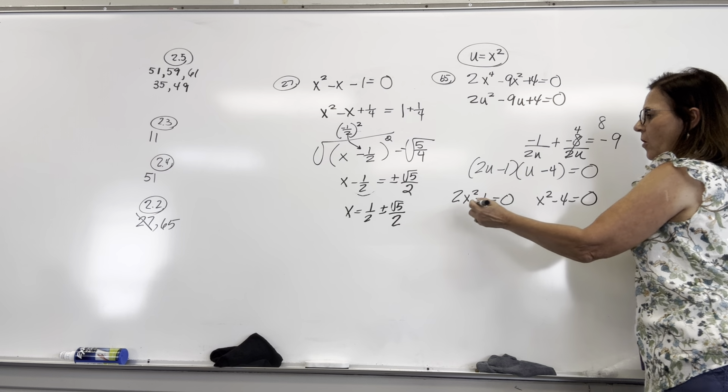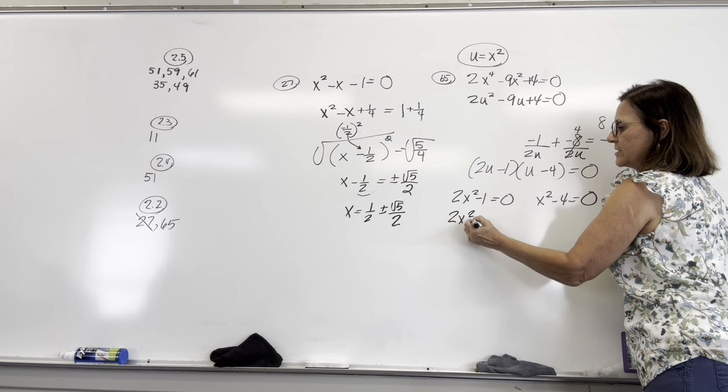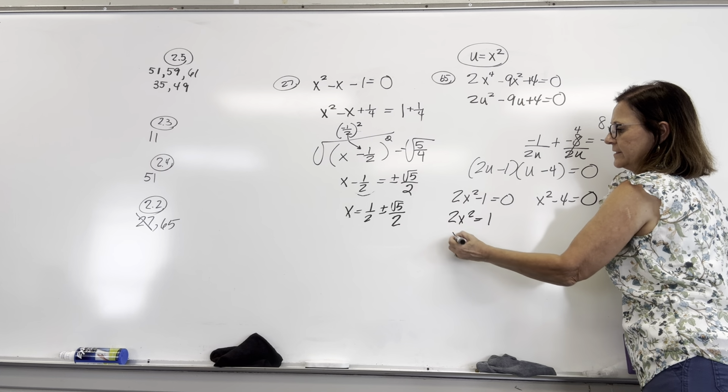So I'm going to add the 1. 2x squared equals 1. Divide by 2. Take the square root. x is plus and minus 1 over the square root of 2, because the square root of 1 is 1.